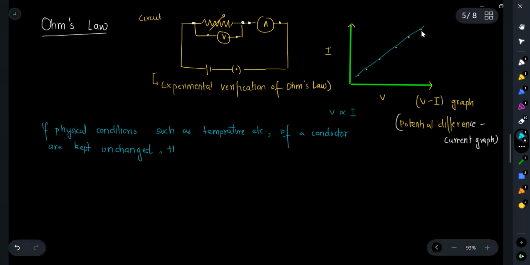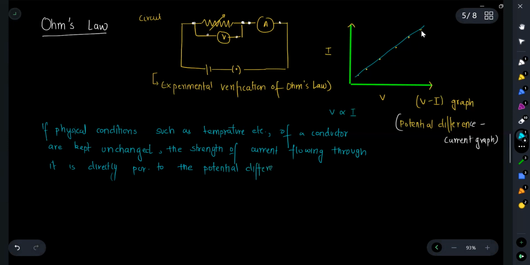the strength of current flowing through it is directly proportional to the potential difference across its end.